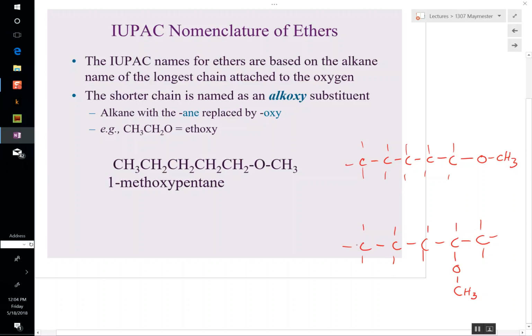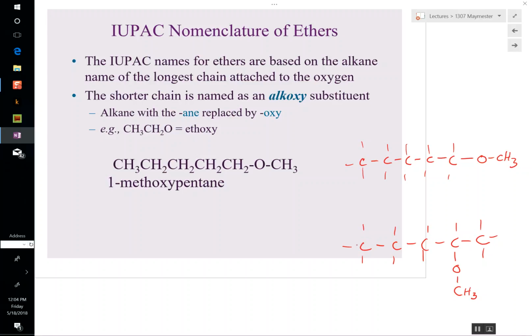Okay, when you start drifting away from just 2 methyl groups, or a methyl and an ethyl, or a methyl and an isopropyl, you start getting here where you've got a methyl on one side, but a pentyl group on the other side. And you say, well, why don't we just call this methyl pentyl ether?